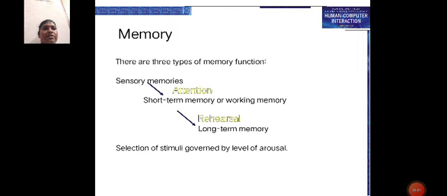In terms of memory, there are three types of memory functions: sensory memory, short term memory, and long term memory. From sensory memory to short term memory, attention is needed. From short term to long term memory, information needs to be rehearsed in a routine to register it in long term memory.